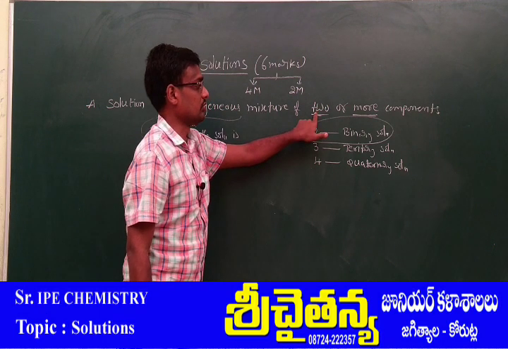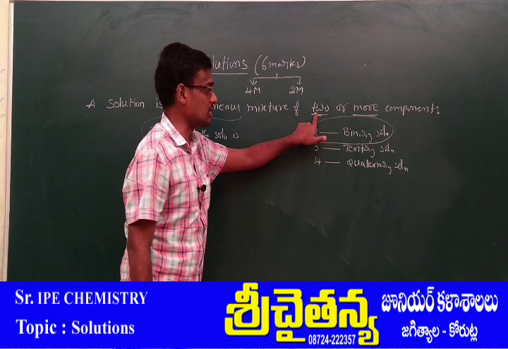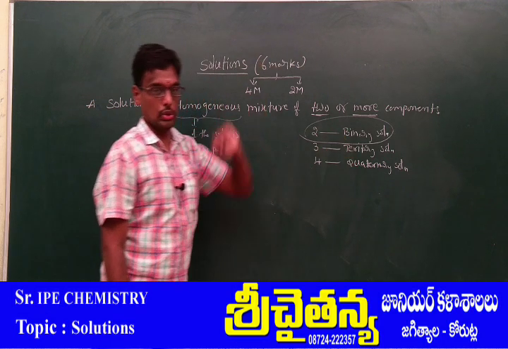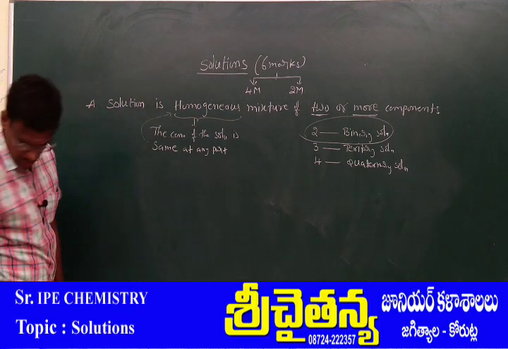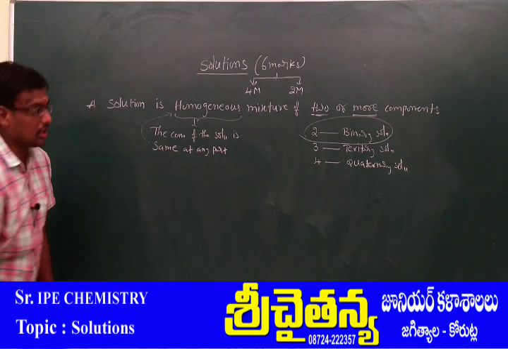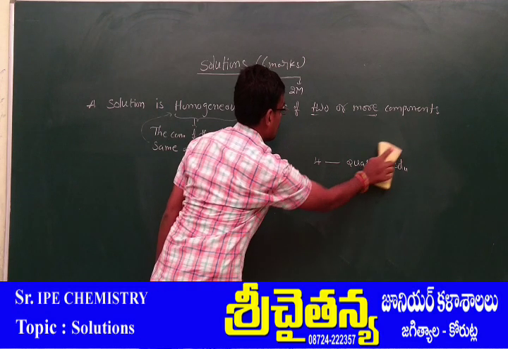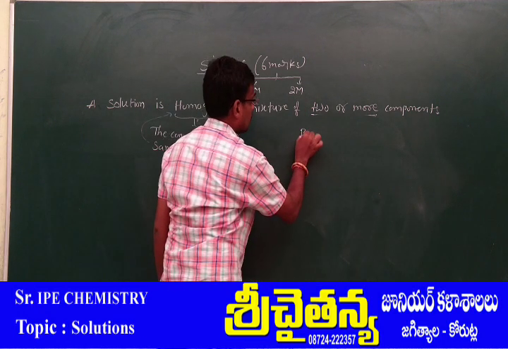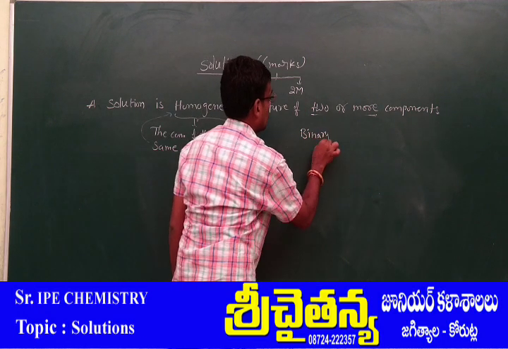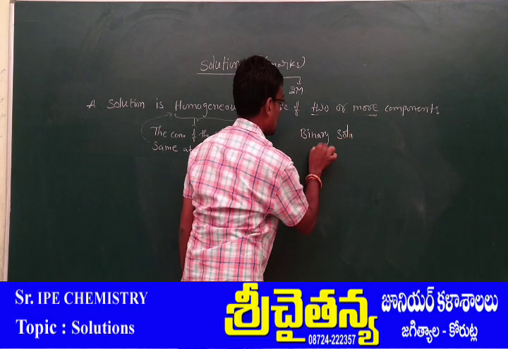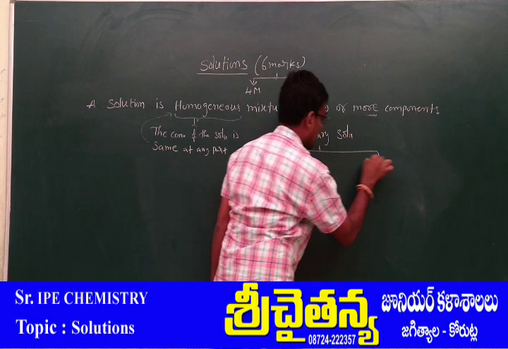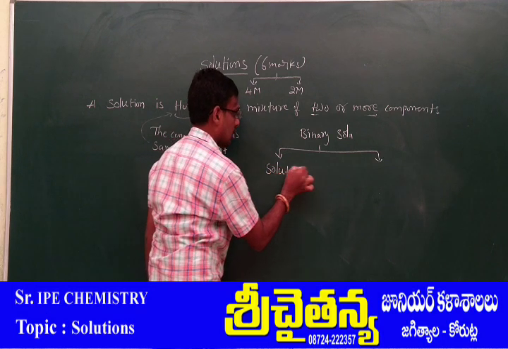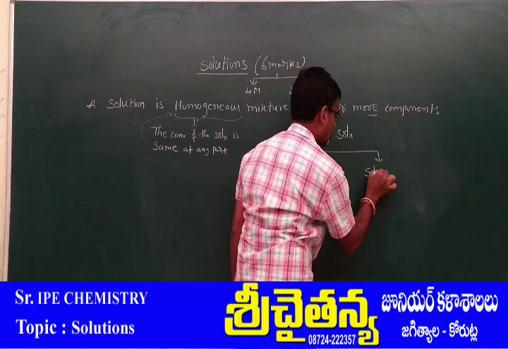A solution which contains two components is called a binary solution. A binary solution contains only two components. They are, one is solute, second one is solvent.